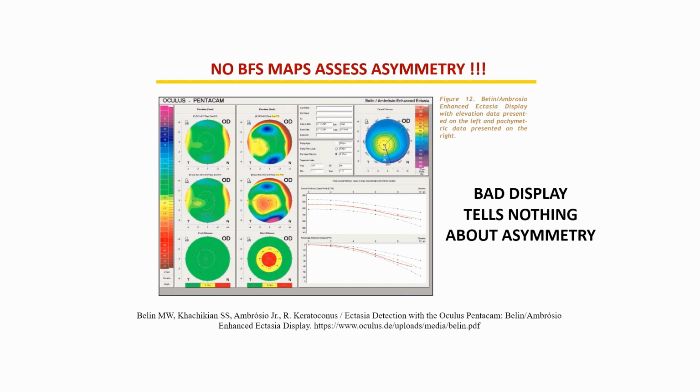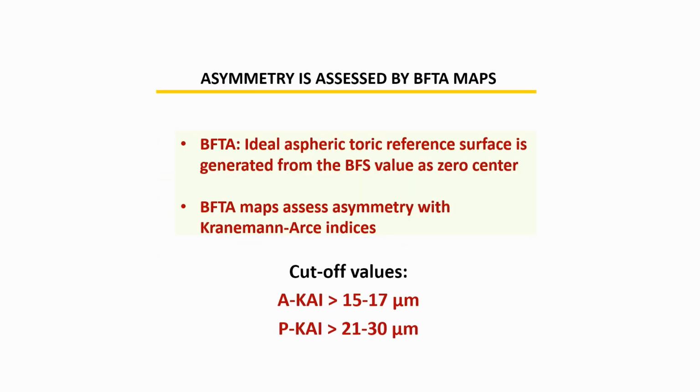And the Belin-Ambrosio display tells you nothing, absolutely nothing about asymmetry, because this display and this mathematics don't assess asymmetry. In the pentagon, the only index you have is the Rabinovich, the IS, which is maybe not enough. The best way probably to see the asymmetry of the surface is with the best fit toric aspheric maps.